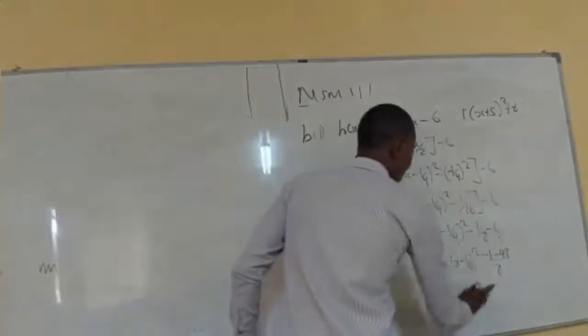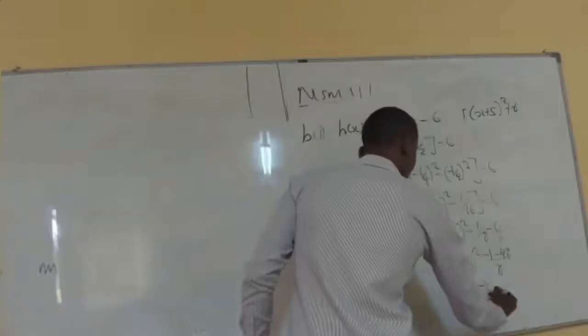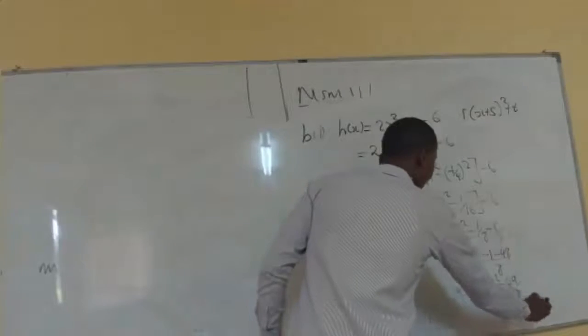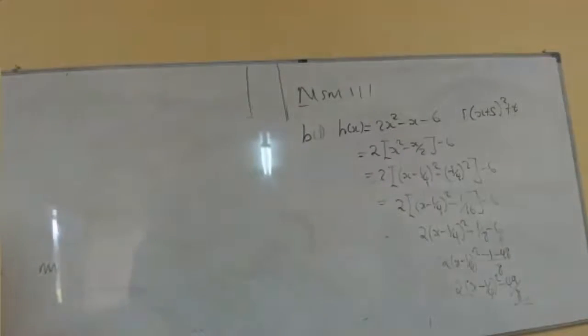So we're going to have 2(x minus 1 over 4) squared minus 49 over 8. Okay, so that is what we have as our final answer.